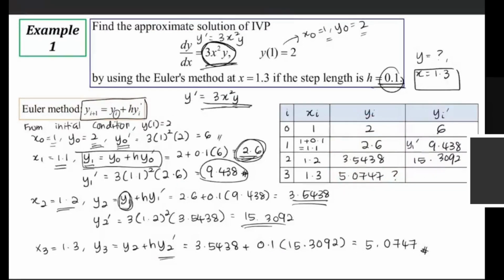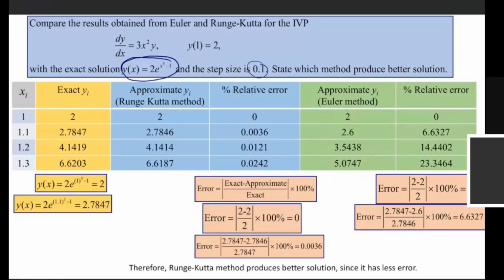Okay, for Euler method, take this value. Okay, percent relative error, you calculate here. Error: exact minus approximate, and then divide by exact, multiply with 100.